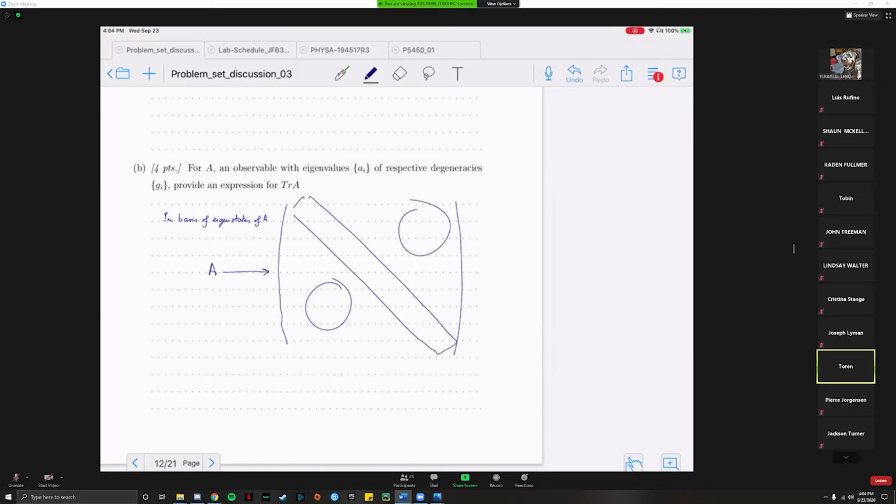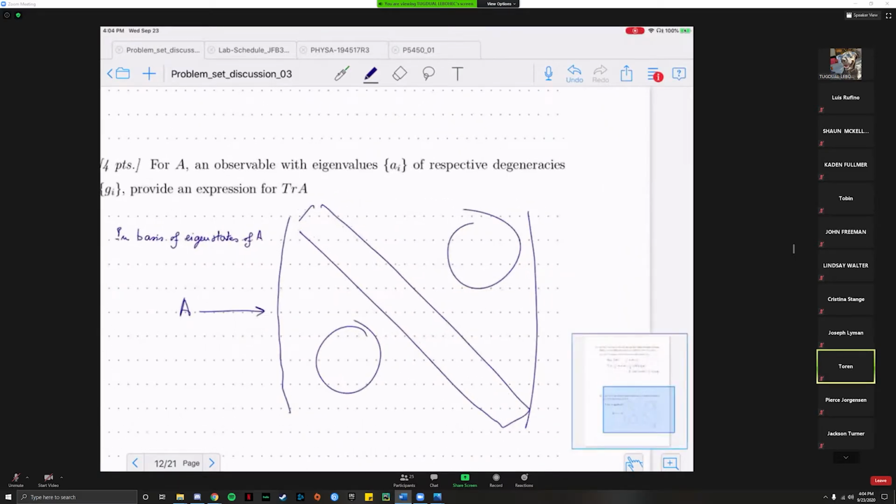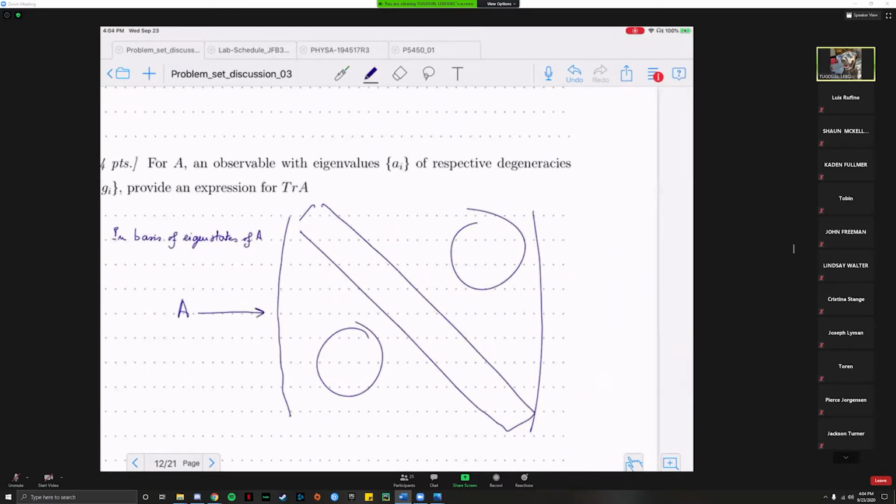Yep, and those are all the eigenvalues on the diagonal. So that means that, for example, I would have A1, A1, A1, etc., G1 times. And then I would go to A2, A2, G2 times. And so forth, right?